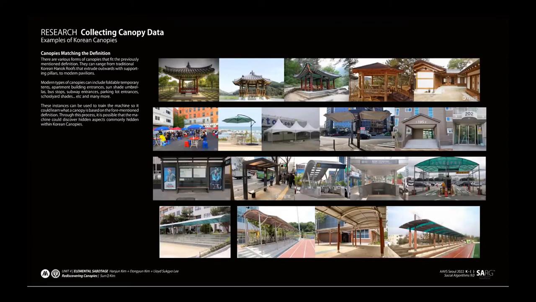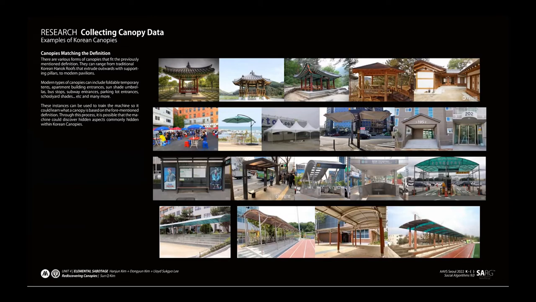And so we had to collect several canopy data from Korea. As you can see, there are several types of canopies that you can find in Korea, from traditional Korean architecture to apartment entrances to tents and sunshades and entrances for bus stops or subway stations.